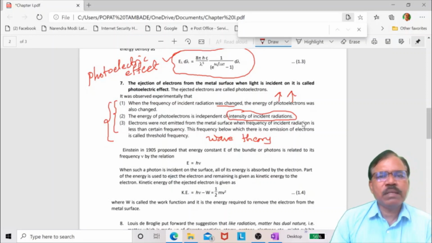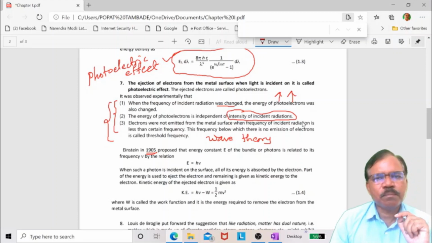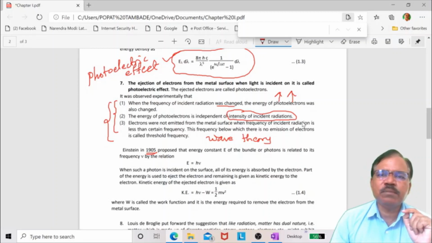In order to explain photoelectric effect in 1905, Einstein proposed that the energy incident on the metal surface is in the form of bundles or small packets called photons, each having energy h nu.